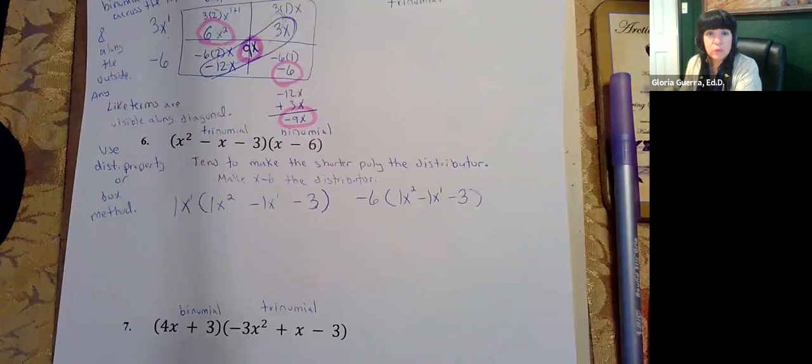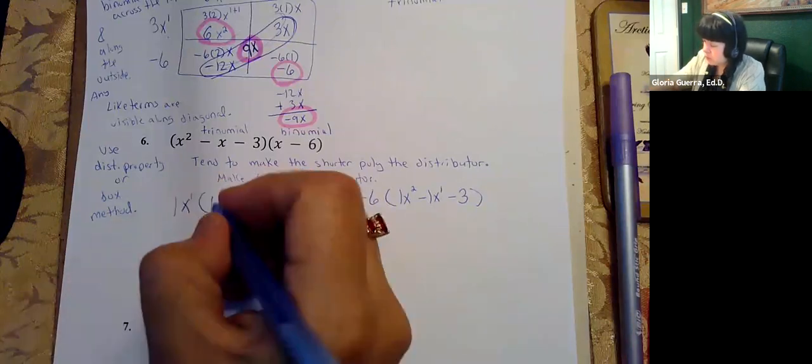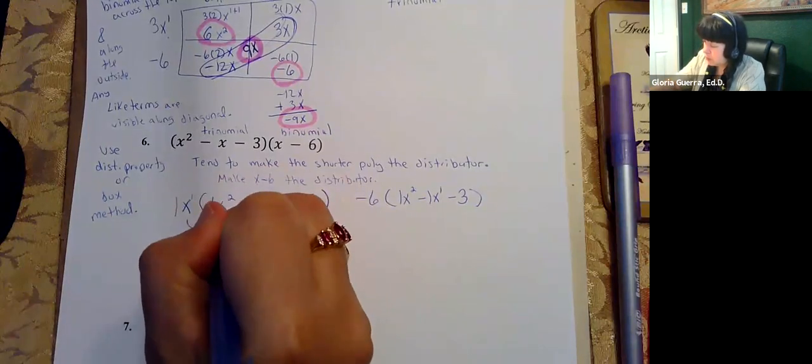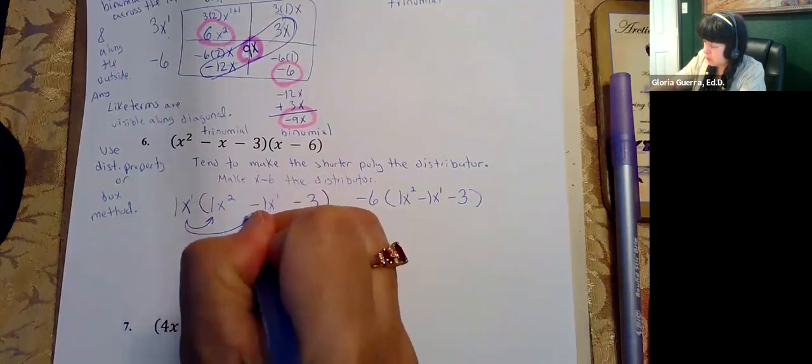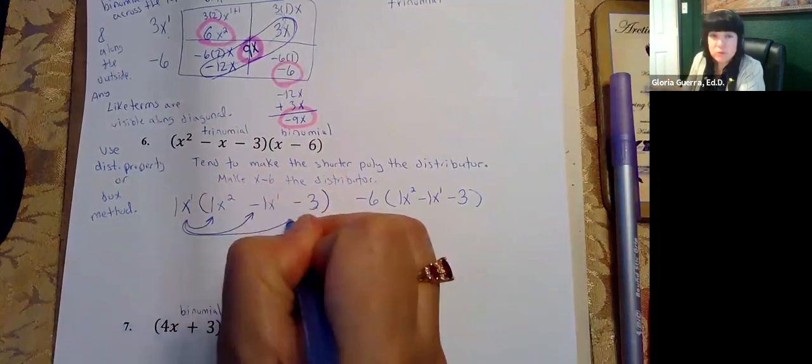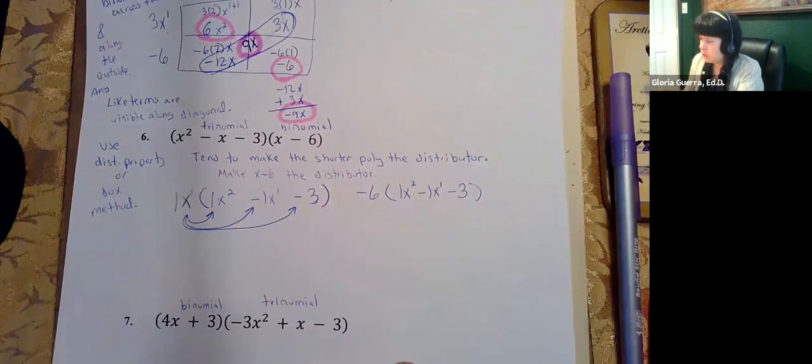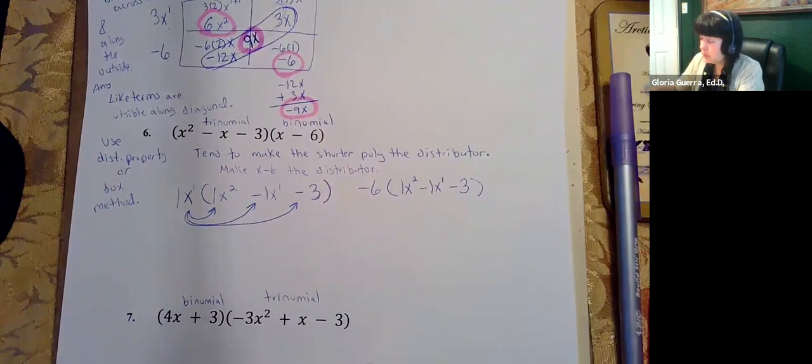Okay, so we tend to make the shorter polynomial the distributor. So you make x minus 6 the distributor, okay? And you're going to start multiplying. So 1 times 1 is just 1, right?